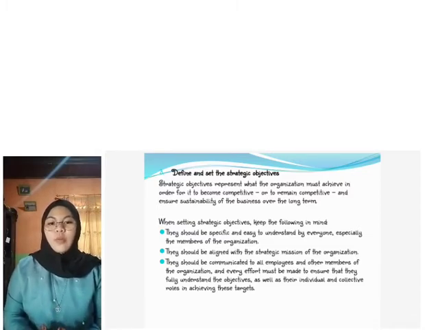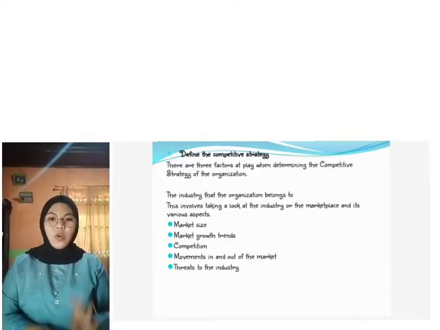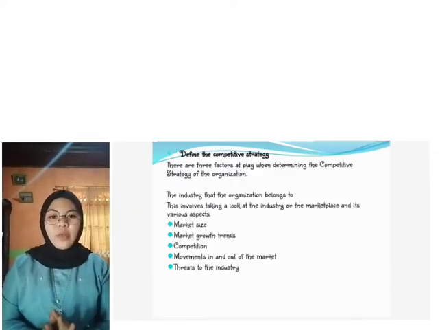They should be communicated to all employees and other members of the organization, and every effort must be made to ensure that they fully understand the objectives as well as their individual and collective roles in achieving this target.